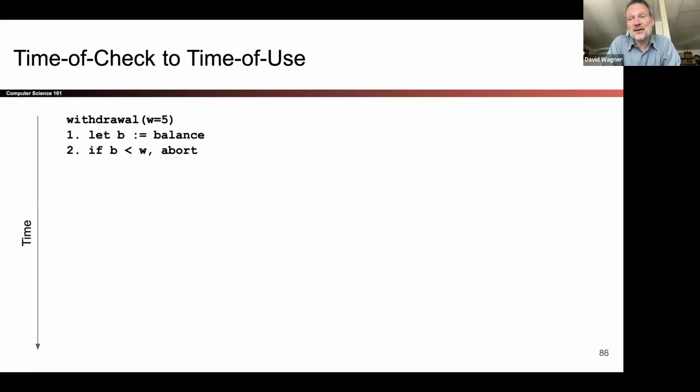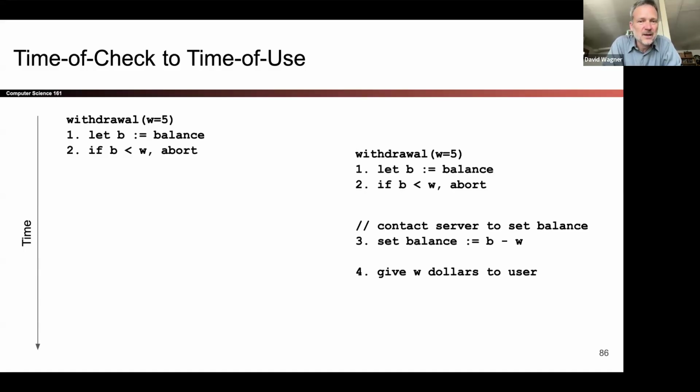So for instance, let's say you have $5 in your account and you go to one ATM machine and ask to withdraw $5. The ATM machine queries the central server, finds out your balance is $5, and figures out that yes, you have enough money in your bank account to withdraw $5. Let's say your friend, just after that, goes to another ATM, and they also ask to withdraw $5.